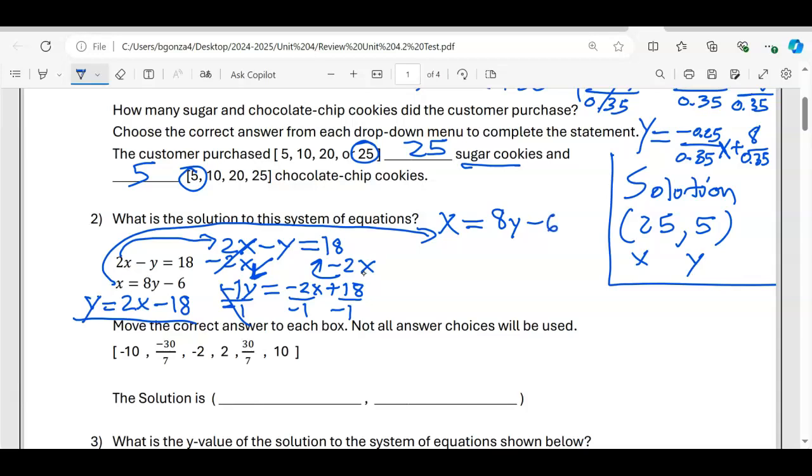Okay, first I want to switch this. 8y minus 6 equals x. Well, now if I'm solving for y, to get rid of that minus 6, add 6.